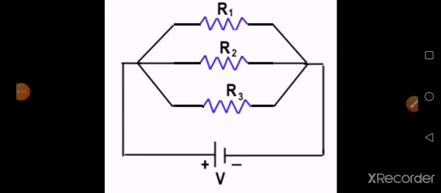Now when you talk about this parallel circuit and series circuit, one question you can get for your exam is, which one is better for your household connections? Which one out of series or parallel circuit is going to be a better option? Okay, so in this case you have already learned the answer in your smaller classes.